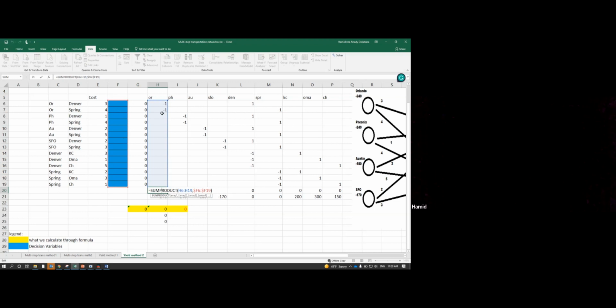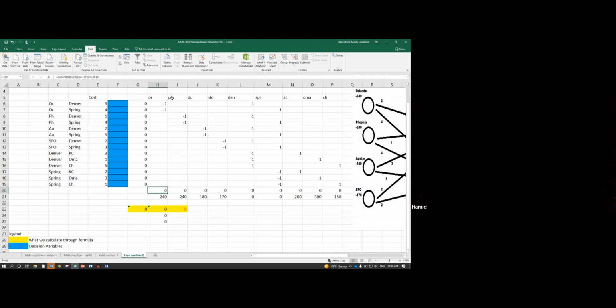Since just the first two have a non-zero value, it will multiply to the first 2 decision variables. So whatever you send from Orlando to Denver, Orlando to Springfield, whatever you send out would sum up in this cell. And later, I want to say it shouldn't be more than 240. I want to relate this cell, which is calculated later, with 240, which is the capacity of my supply.